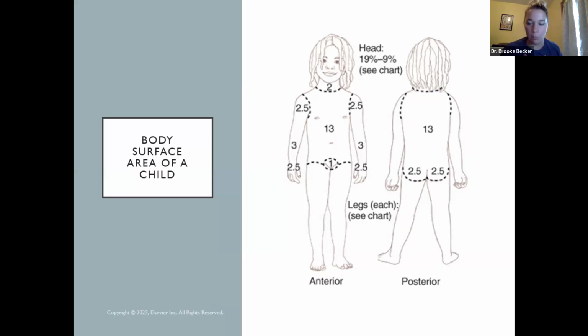So that's going to be a more problematic burn. Does that make sense? So the more surface area that's involved, the worse the burn is going to be, or the higher the classification of the burn is going to be. Okay.